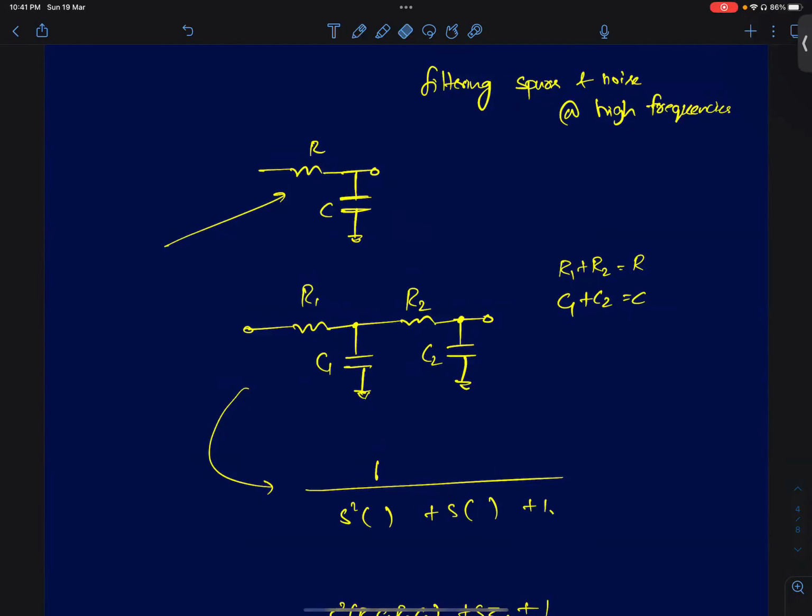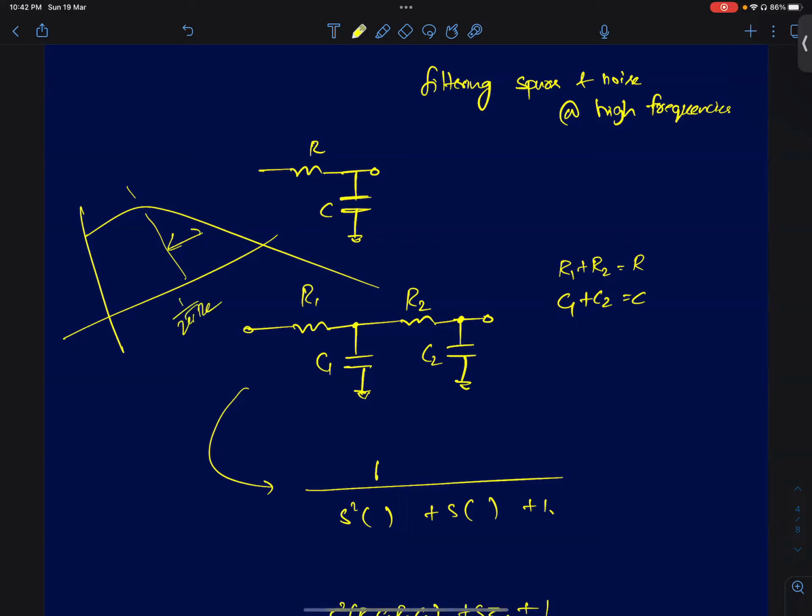The problem is that usually you can put filters with very low cutoffs. Okay. The problem is that you will literally kill all the high frequency noise, right? So if you put a low pass filter, it has a frequency characteristic that looks something like this. So I'll kill all the noise after 1/2πRC. So I'm able to filter out all the noise after that.